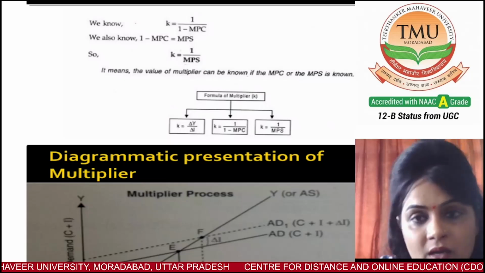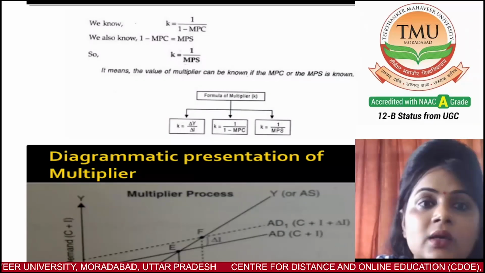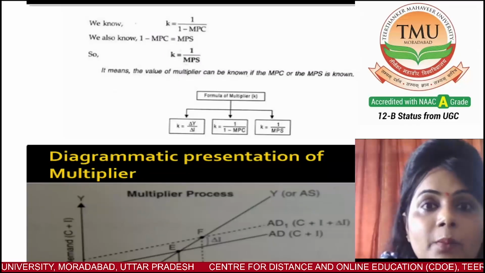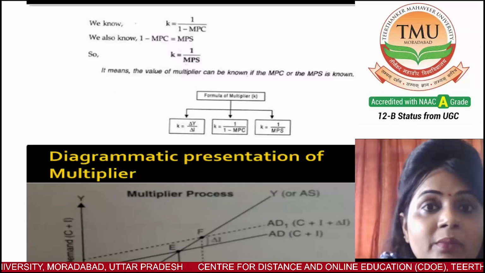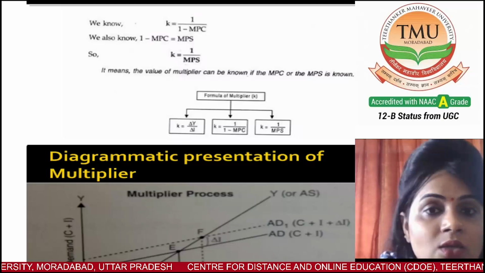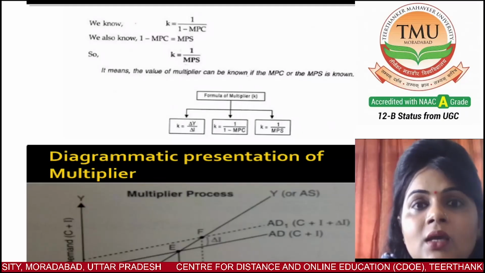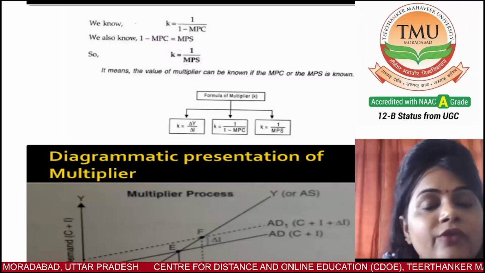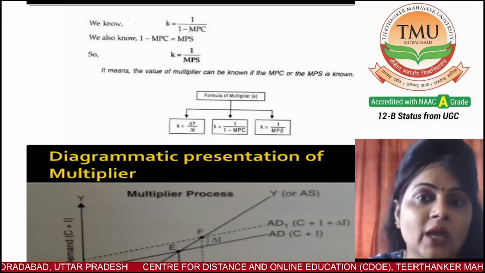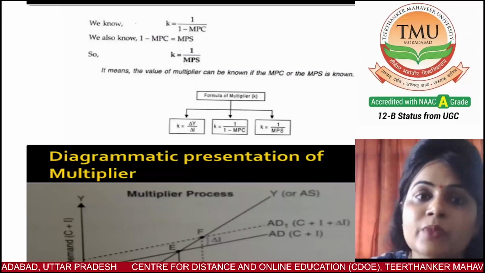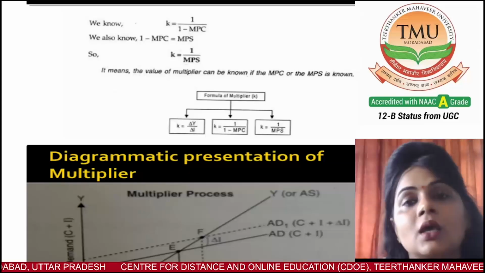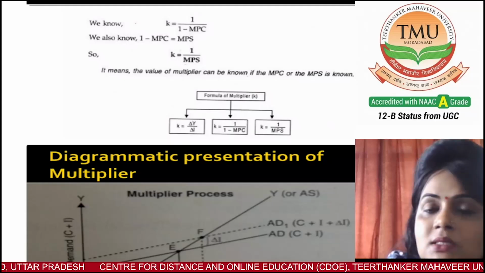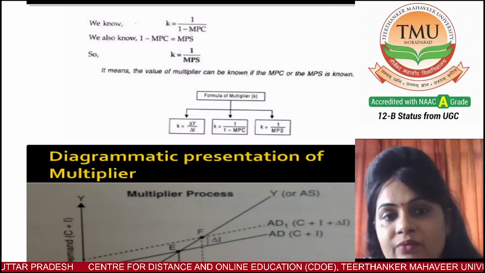So multiplier will be 2.5, because K is equal to 1 upon 1 minus MPC. So if you subtract 0.60 from 1, you get 1 upon 0.40. If you divide 1 by 0.40, what will come? 2.5. Okay. Now suppose MPC is 0.67.